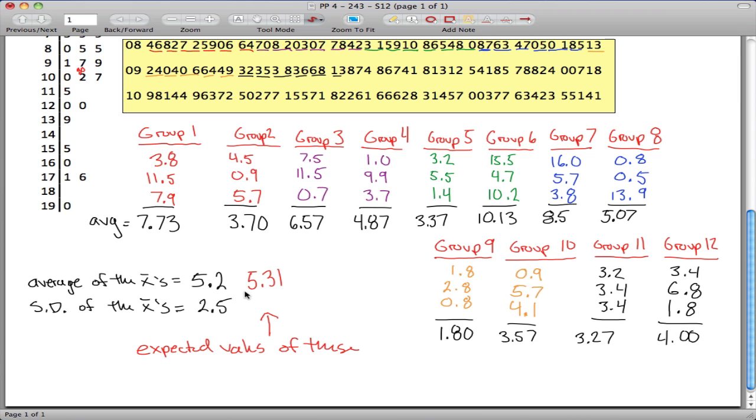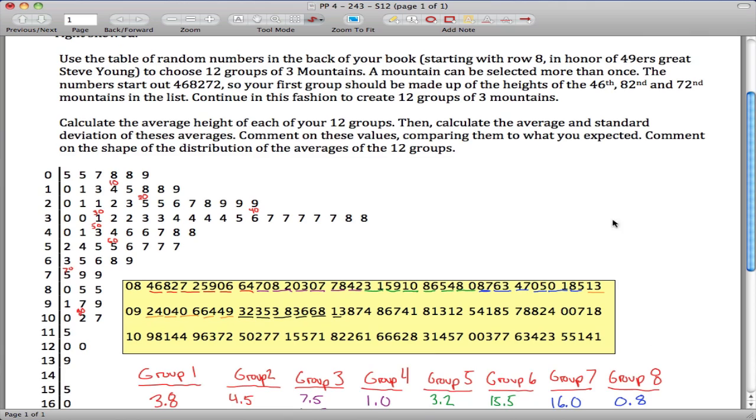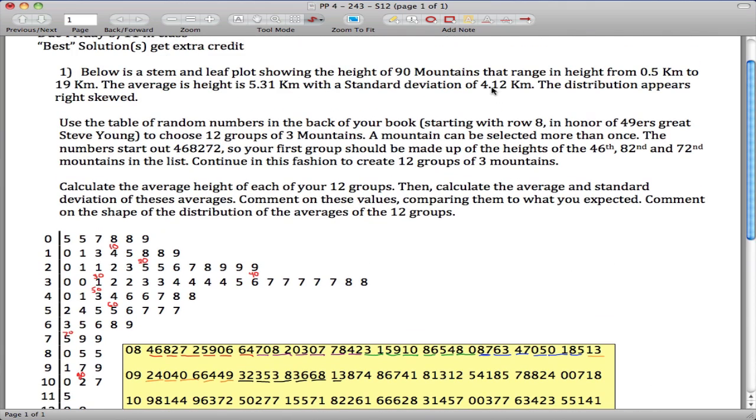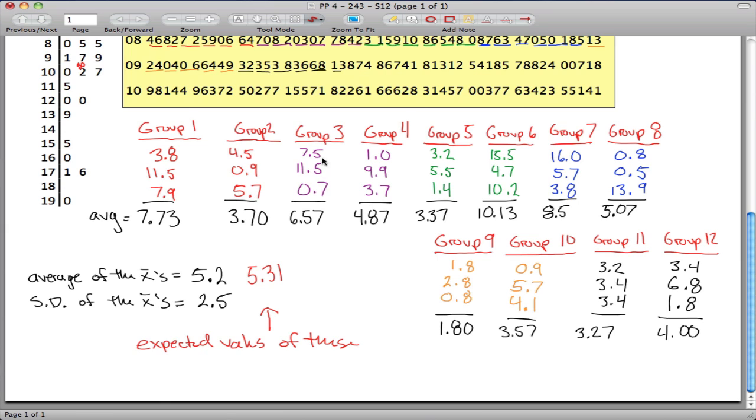The standard deviation, what I expected this to be, is my standard deviation of the whole group, which was 4.12 up here. But the number of observations in each group is 3. So I expected this thing right here to be 4.12 divided by the square root of 3.